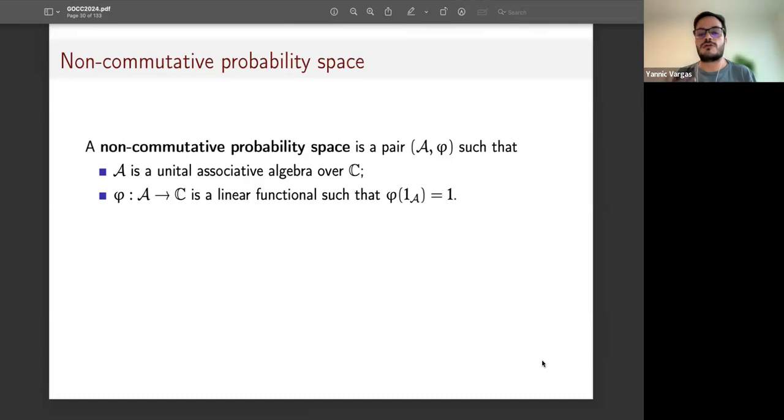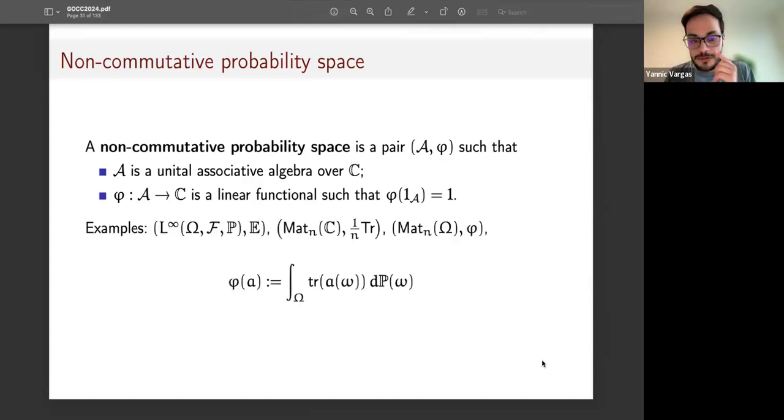He was also considering C-star algebras, for example. Here I'm not dealing with this part. I'm treating non-commutative probability spaces in the more algebraic setting, which is just an associative algebra with a unit, and a linear map that sends 1 to 1.